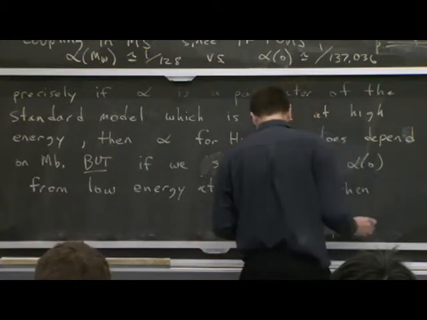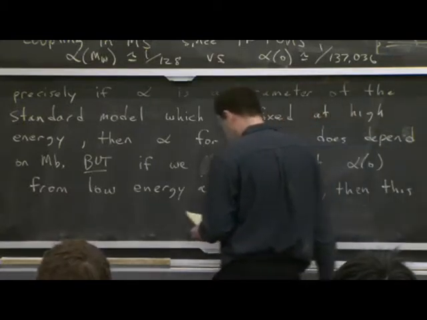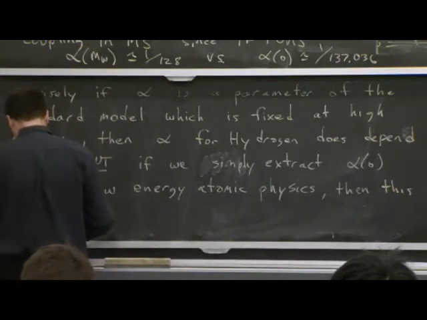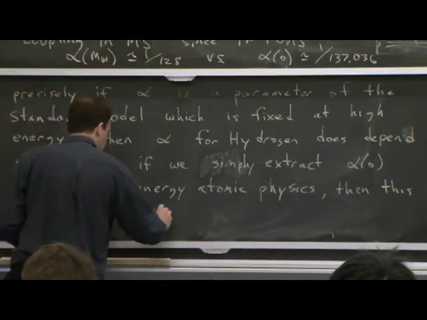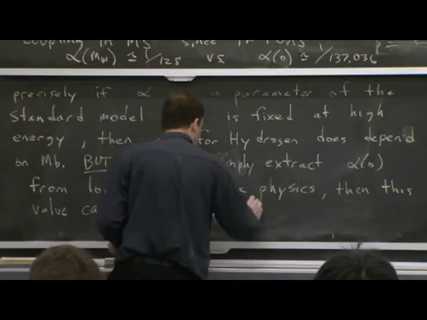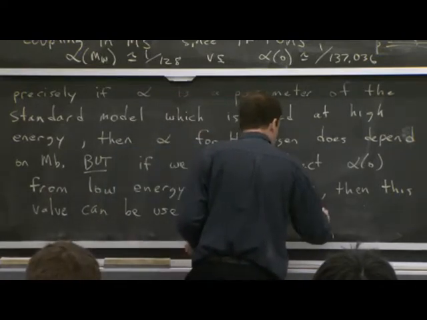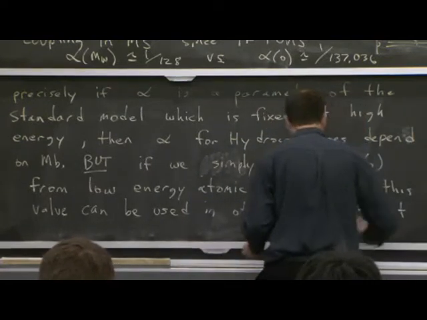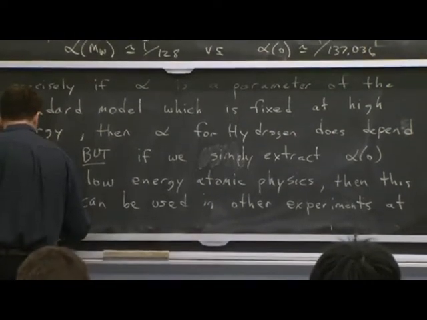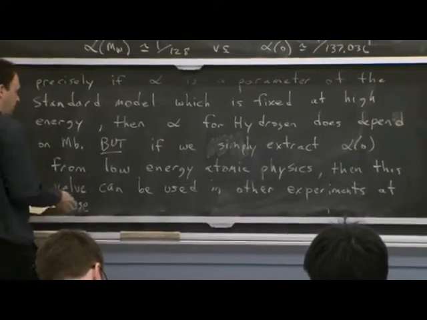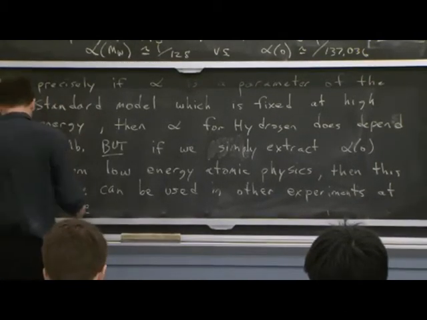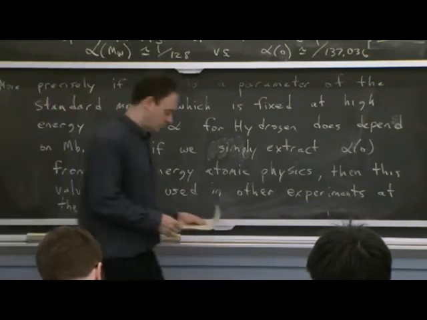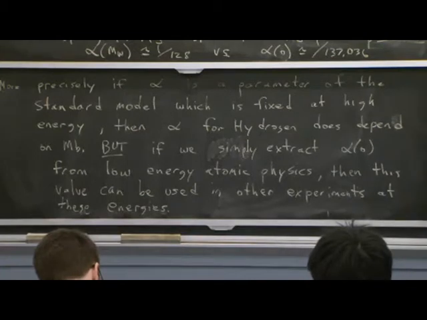And if that's the way that we define the parameter, then the value can be used in other experiments, and we never had to know anything about m_b. So we didn't really have to know about the higher energy theory unless we actually were doing some experiments up there. Are there any questions about that? Good.